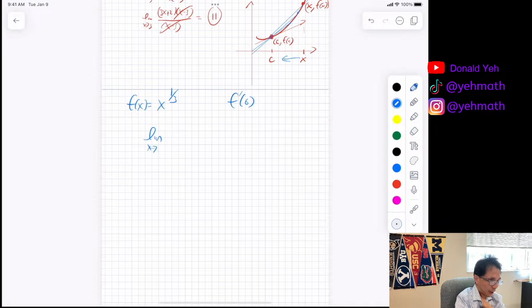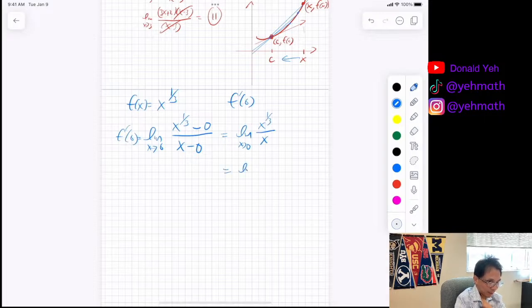Limit x approaches what? 0. Good. And this f of x is x to the 1/3, minus 0 over x minus 0, right? Okay. So the limit as x approaches 0 of x to the 1/3 over x.